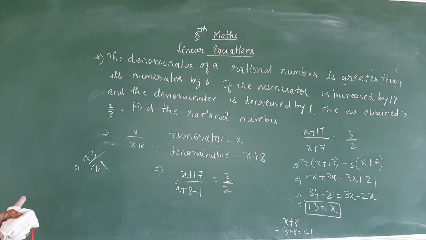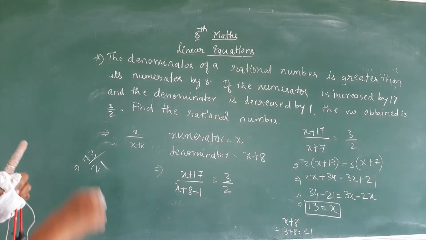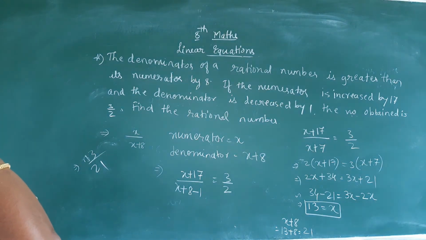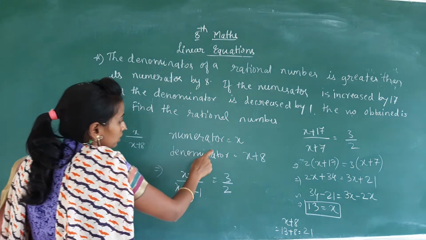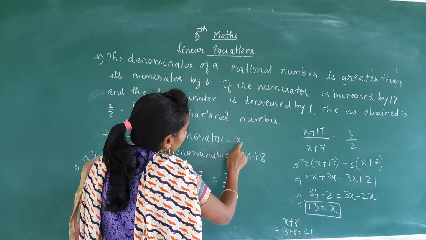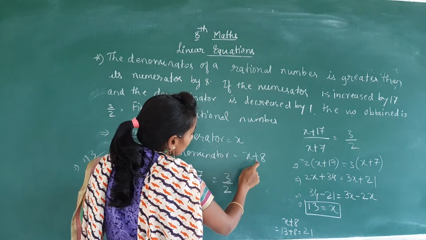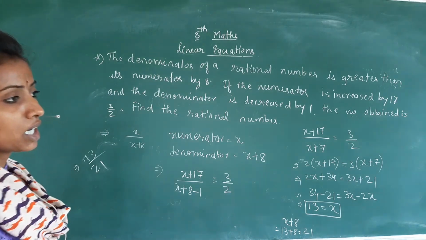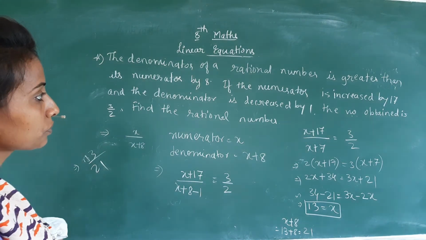It is a rational number. Whatever numerator x we take, the denominator is greater by 8, so the denominator becomes x plus 8.